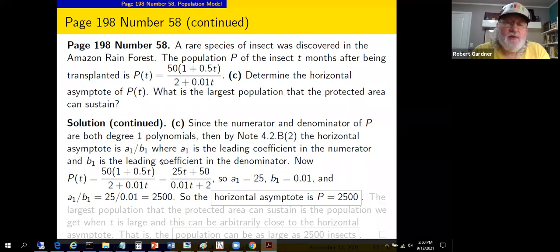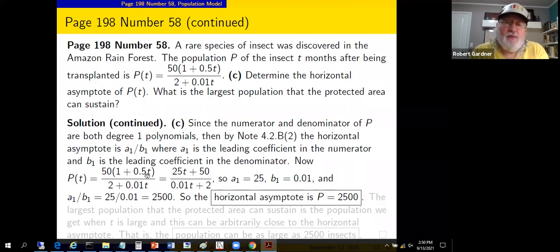Distribute, that'll give us 50 times 1, and over here, 50 times 0.5, half of 50 is 25. In the denominator, let's just rearrange the order. I see the t coefficients here, and here are the constant coefficients. We've written the numerator and denominator in standard form for a polynomial.